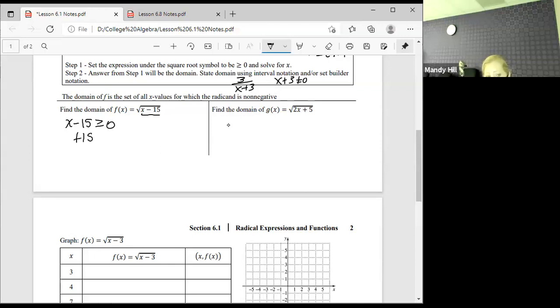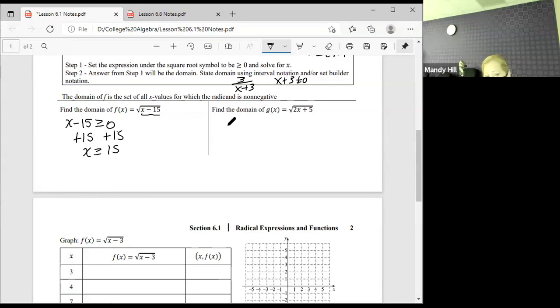So we could add 15 here. We are solving an inequality problem. If we have to multiply or divide by a negative number, what do we have to do to the sign? Flip it, but we're just adding 15 here, so we don't have to mess with it.